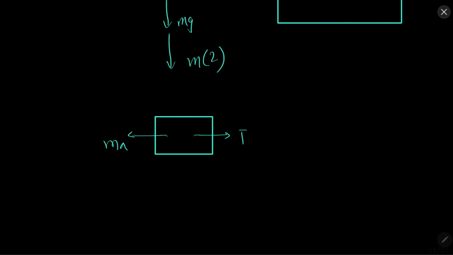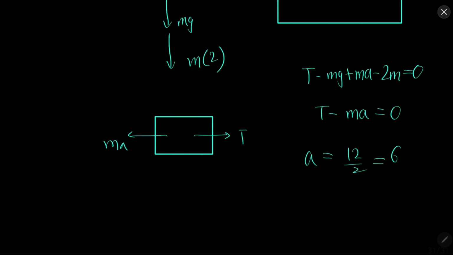Using this we will write the equations. N, T minus m equal to 0. So from this a will come out to be 12 by 2, that is 6 meters per second square.